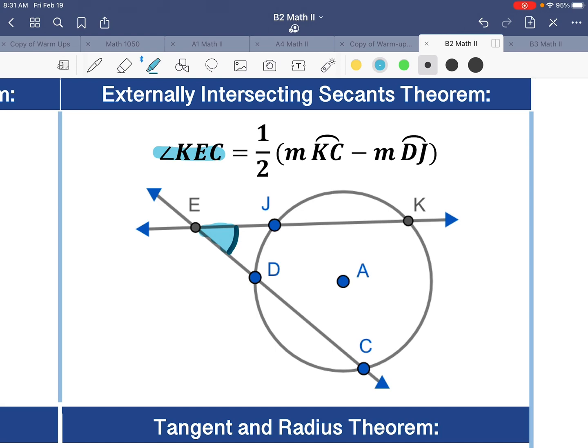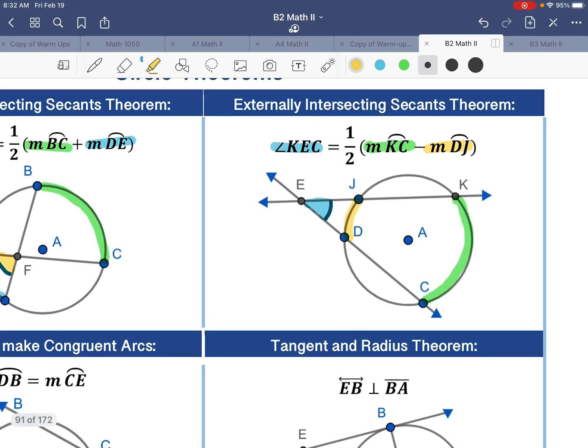That one is equal to half of the big arc minus the small arc, divided by 2, gives you the outside angle there, angle KEC. So it's blue now. That's how I've highlighted it. So half of the big minus the small equals the blue angle. This is also a formula that you can use in any sort of situation.